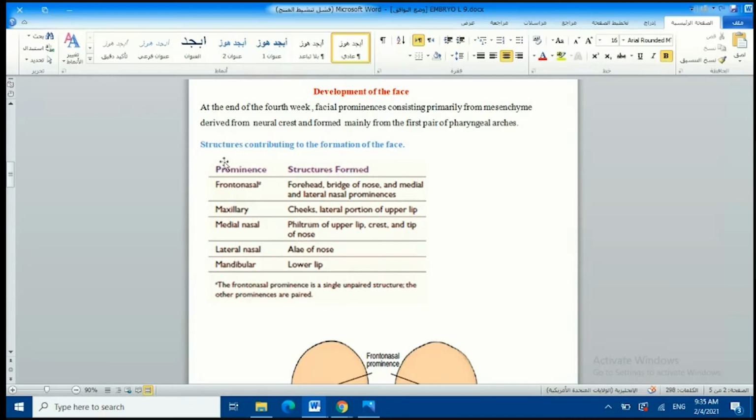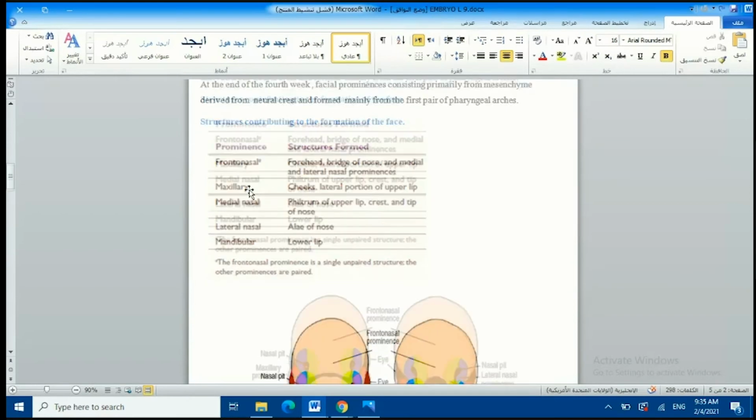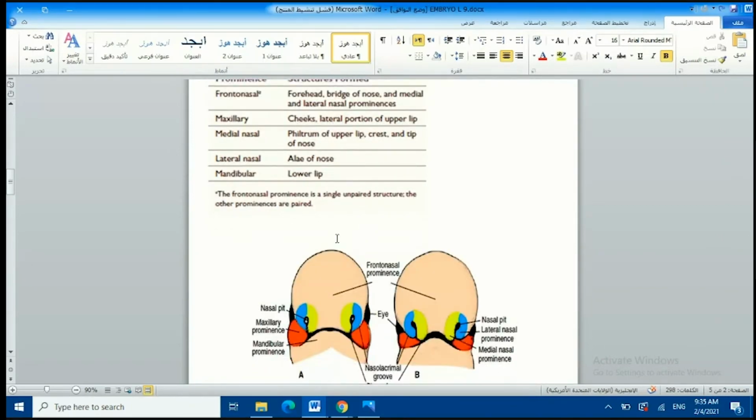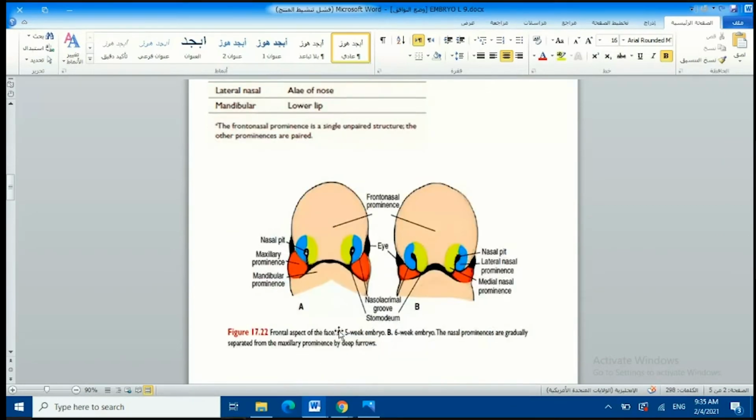Okay, so the prominence called the frontonasal prominence will form the forehead, the bridge of the nose, and the medial with the lateral nasal prominence. Okay, look at here. This is the 5-week embryo, and this is the 6-week embryo. Fine. This is 5 weeks and this is 6 weeks.